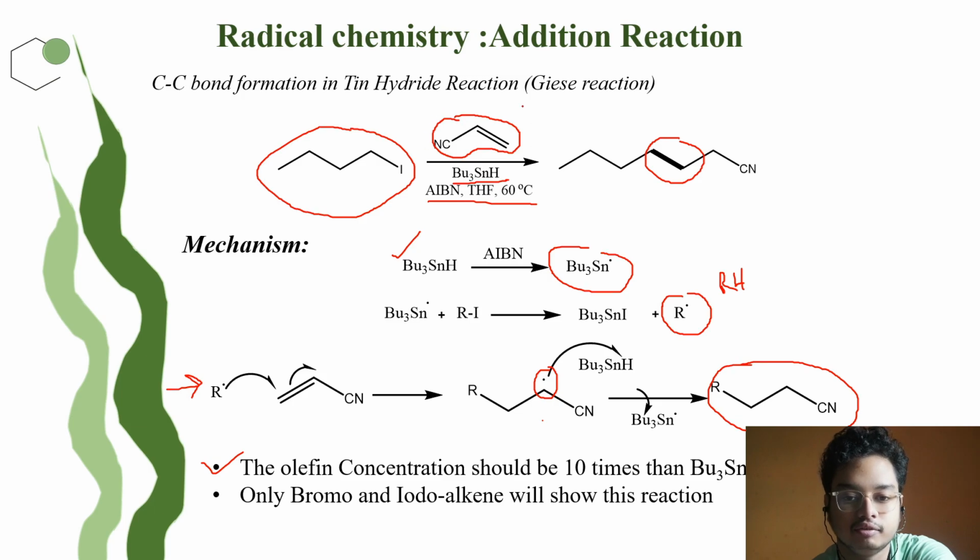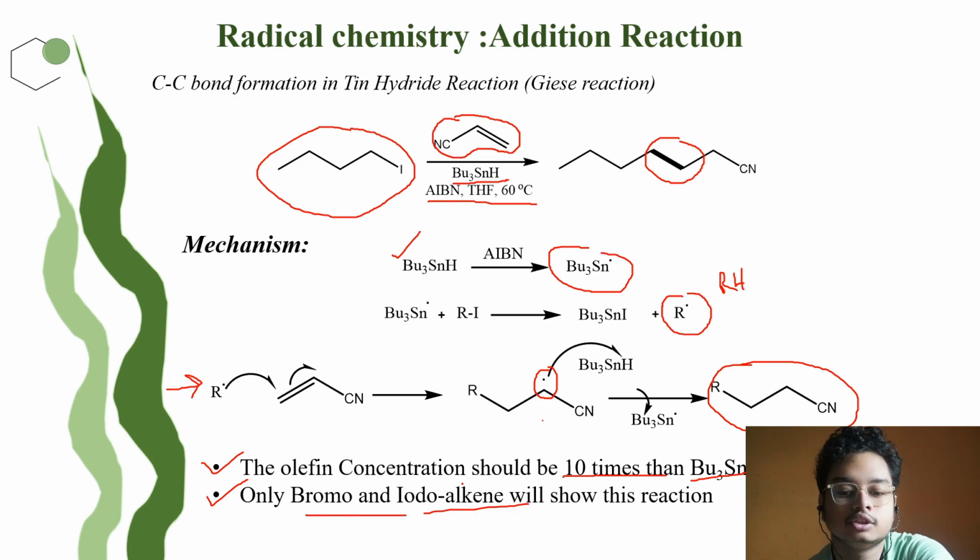This olefin concentration should be 10 times that of the tin hydride compound. Also, the starting material should be only a bromo or iodoalkene. Alkanes or alkenes will show this type of reaction. Otherwise, this reaction won't sustain.